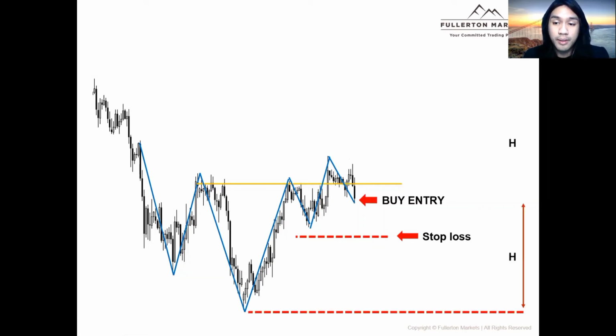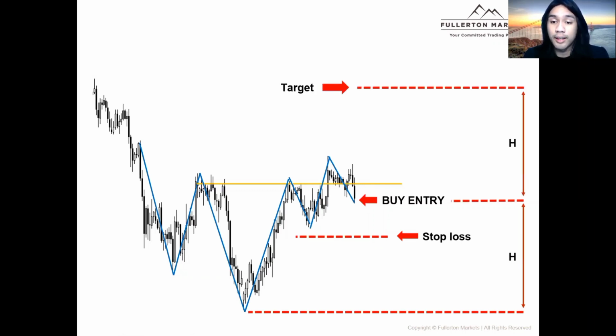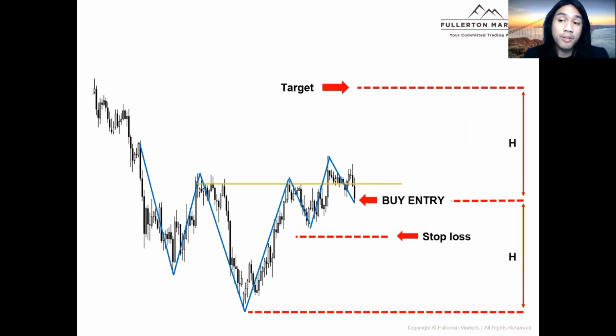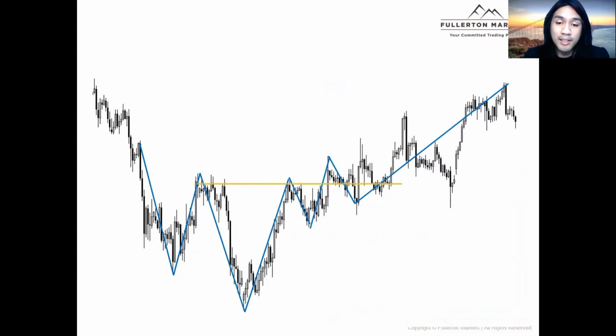Same thing, the height from the head to the neck is also the same height for our target. Now let's see if it actually continues. It does. This is the buy entry, but prices actually drop even lower. If your stop loss was somewhere around here, your trade would be closed out.